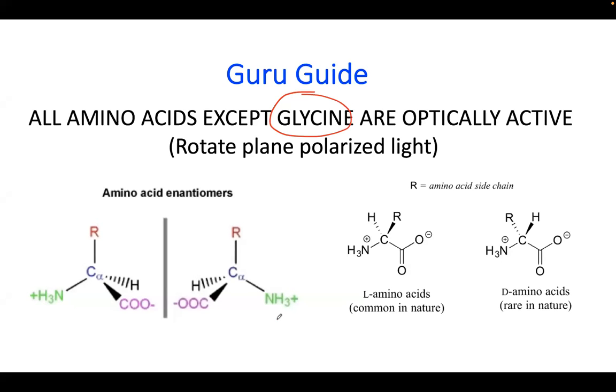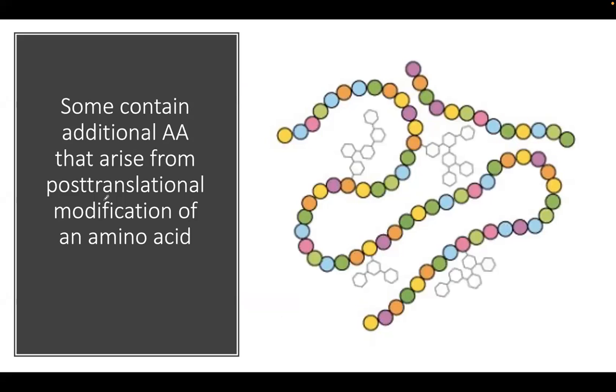So please remember this. Now, there are some amino acids which play a very important role in what we call post-translational modification of amino acids. So again, what is this biochemical process? It's called post-translational modification. There are some amino acids which undergo post-translational modification.